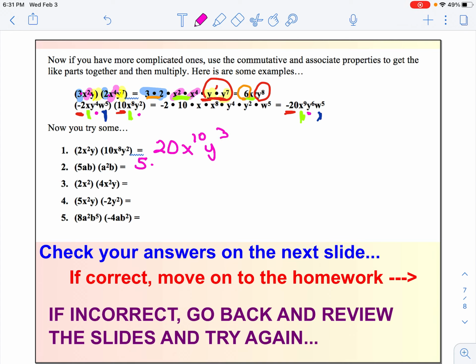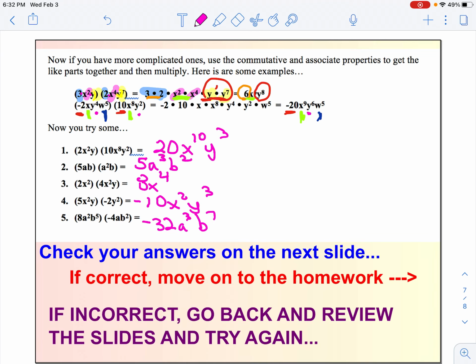So as you finish, check your answers. If it seems like, oh, I found my mistake, I have one small mistake, great, move on to the homework. If you're making quite a few mistakes when you're checking these answers, then I would stop and either review the slides or listen to the explanations before you move on to the homework.